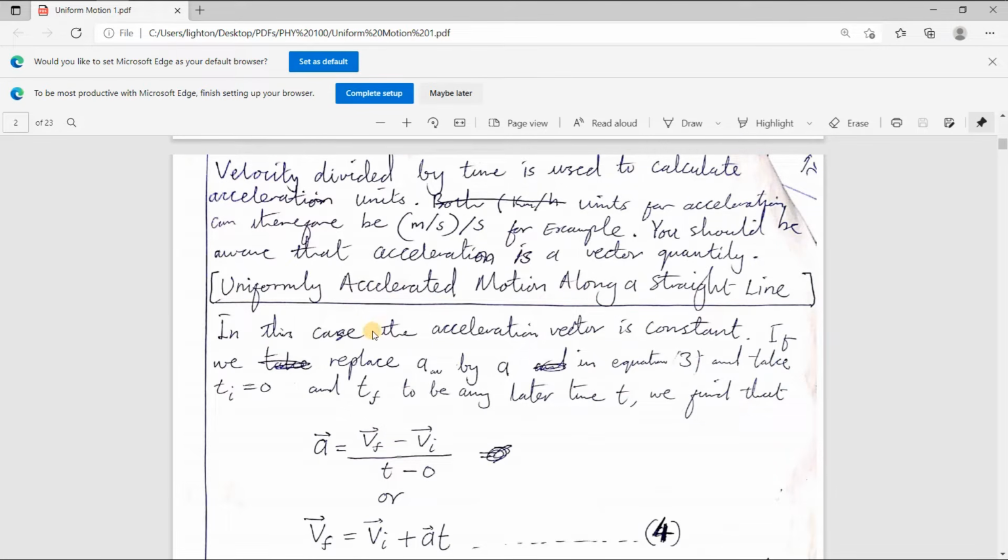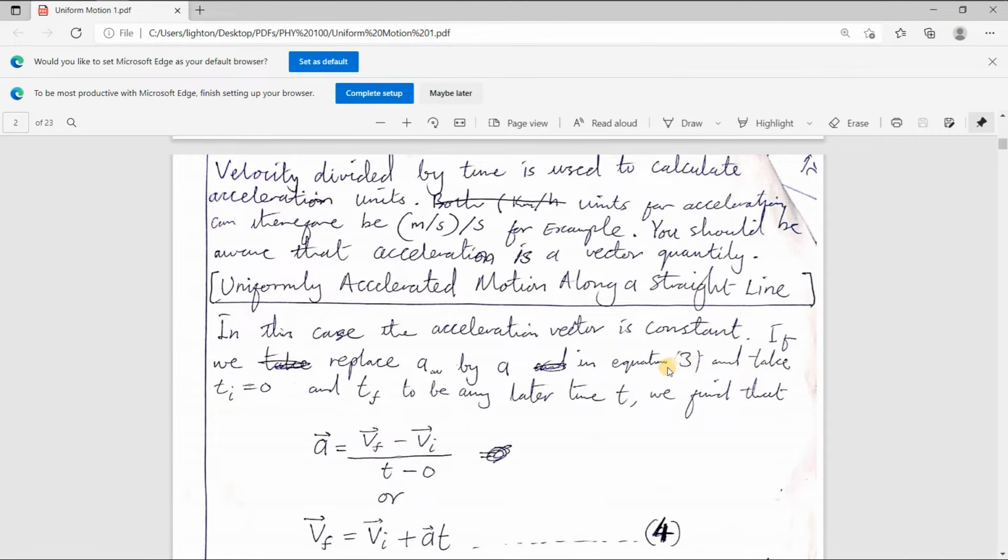Now, in this case, the acceleration vector is constant. That is why it is called uniform motion. Uniformly accelerated motion is because the acceleration is always maintained constant. If we replace A subscript V by A, this part is just the derivation of uniform motion equations.